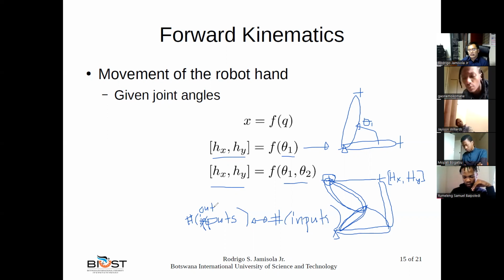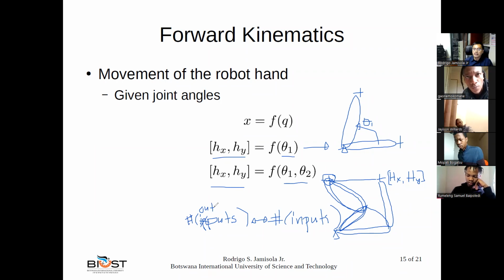I mean, that's the norm, because if you consider inputs, we assume that all inputs are independent of each other. So theta 1, theta 2, theta 3 don't influence each other; we can move them independently. So the X and Y coordinates can move independently of each other if your number of inputs is at least equal to or greater than the number of outputs.